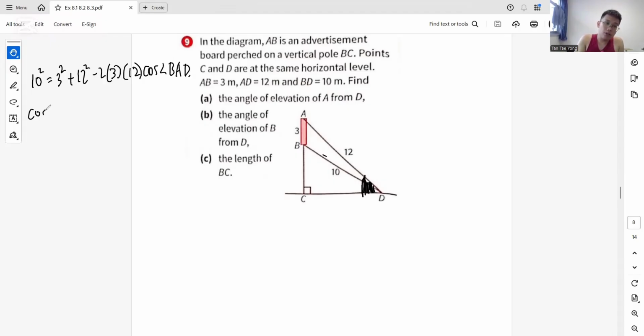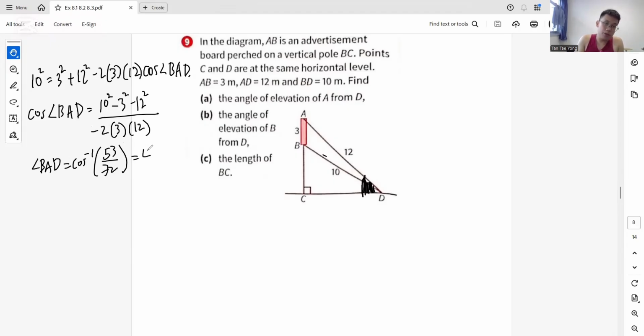So cosine angle BAD equals 10 squared minus 3 squared minus 12 squared, divided by negative 2 times 3 times 12. So angle BAD is just cosine inverse of all this. If you calculate this, you will get 53 out of 72.